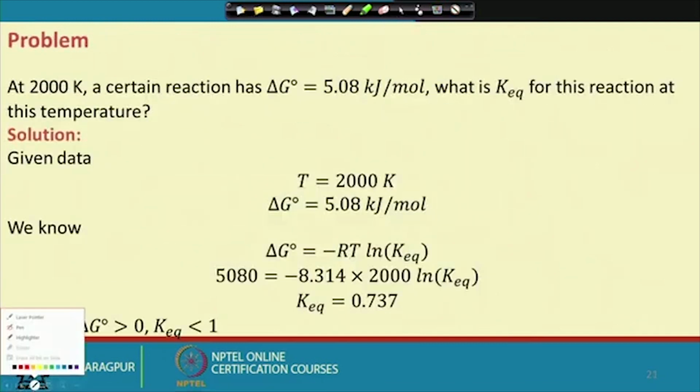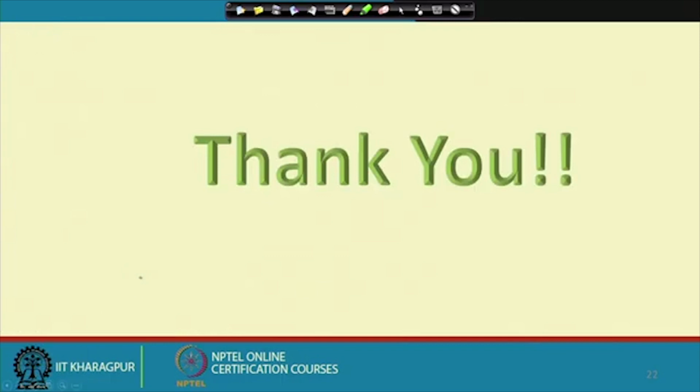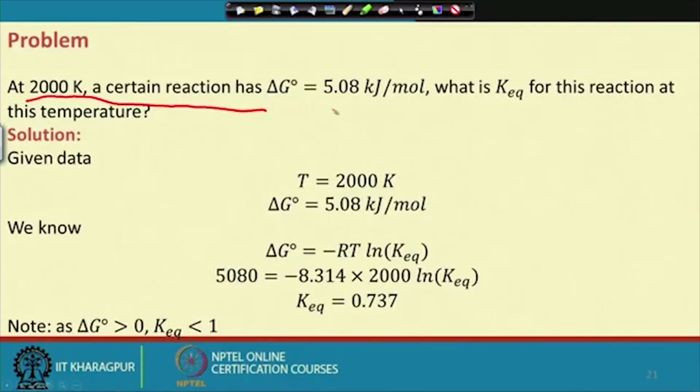Now, this is a problem that we have, which gives you some idea of how we can find the equilibrium constant of a reaction with the help of free energy change. The problem says that at 200 Kelvin a certain reaction has del G of 5.08 kilojoules per mole.